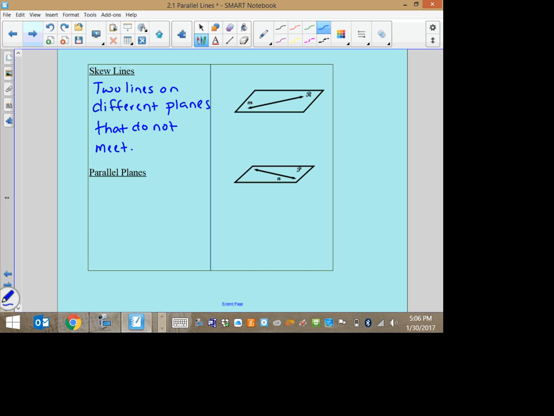So again, to the right, this new picture, it's also lines M and N. But this time, think about going on the interstate and going under an underpass. The traffic going above you is not going to hit you, because it's on a different plane. So that brings us to parallel planes, which are two planes that never meet.